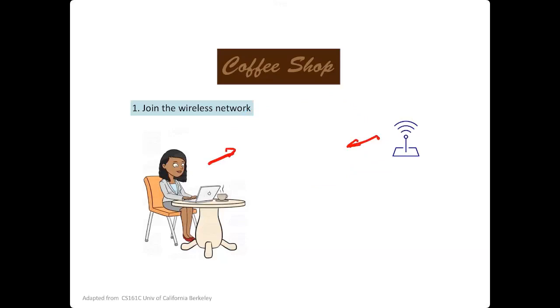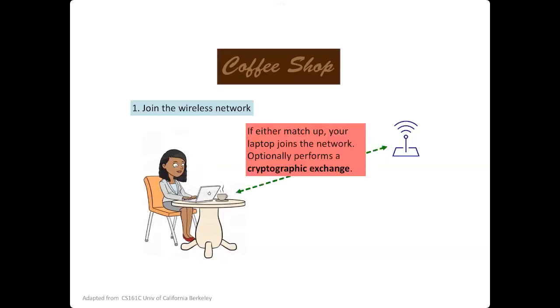If you have gone to that shop just a day earlier, or at least have been there before, then communication has already happened, and you simply join. When you walk into your house and your Wi-Fi is on, you don't need to do too many things, right? It automatically logs in.